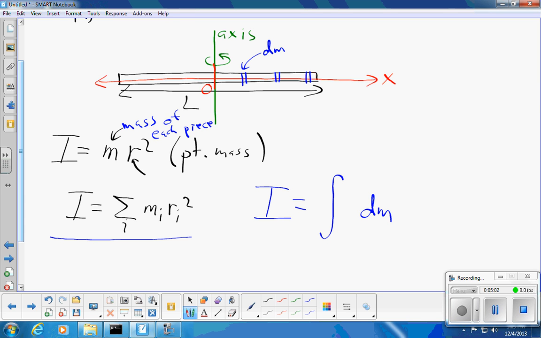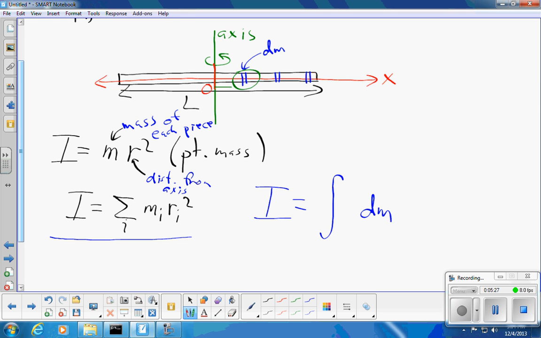The r value, again, stands for distance of that piece from the axis. Well, very conveniently, the distance of each of these little dm pieces, how far are they from the axis? Well, they're also that distance from the origin of my x-axis. So this first piece here, how far is that from the axis of rotation?